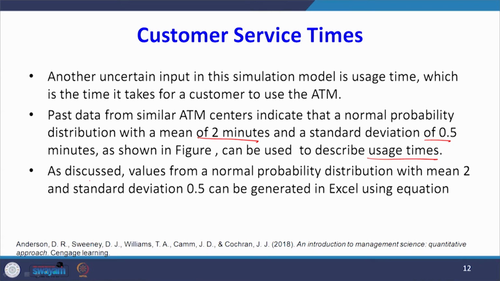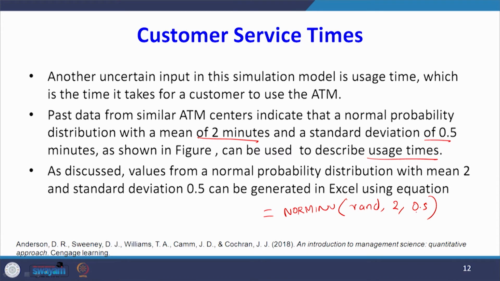As discussed, a value from a normal probability distribution with mean 2 and standard deviation 0.5 can be generated in Excel. So, what equation will you use? This also we have discussed: NORM.INV, rand, then mean, then standard deviation.